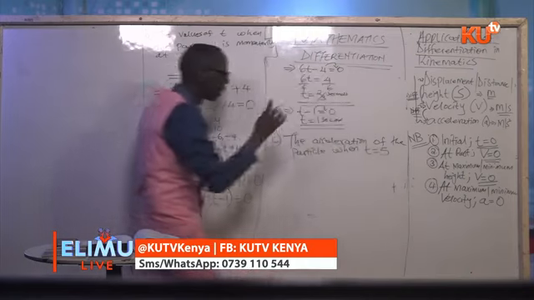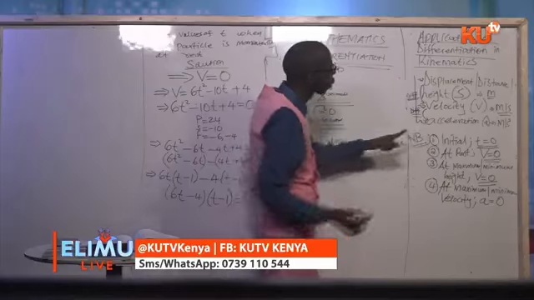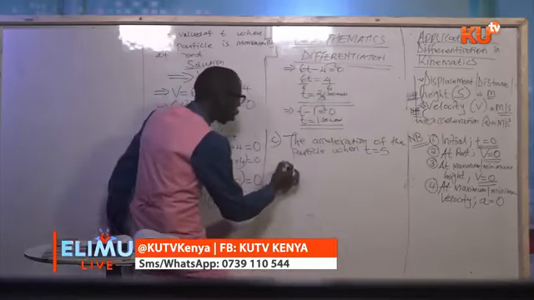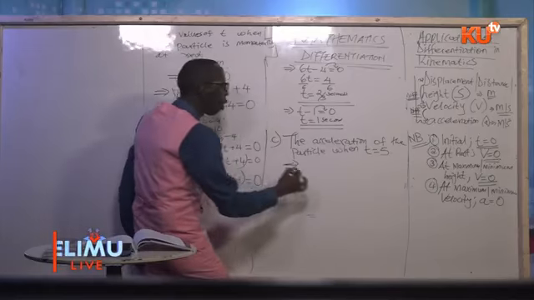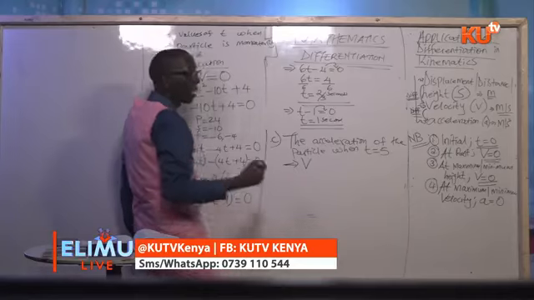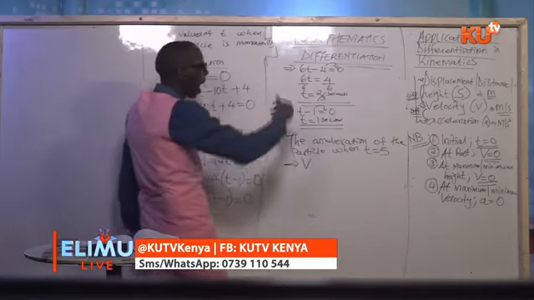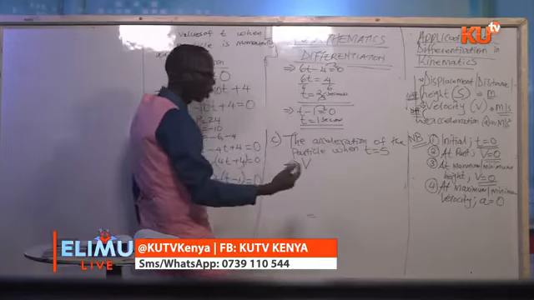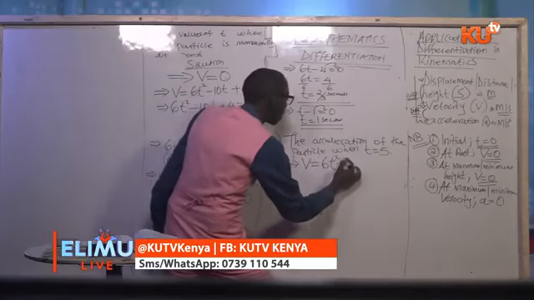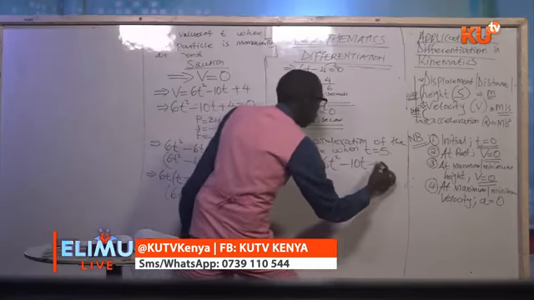Now, my dear student, we said if you are asked the acceleration, you differentiate the velocity. We already got the expression of velocity in part A after differentiating displacement, which was 6t squared minus 10t plus 4.